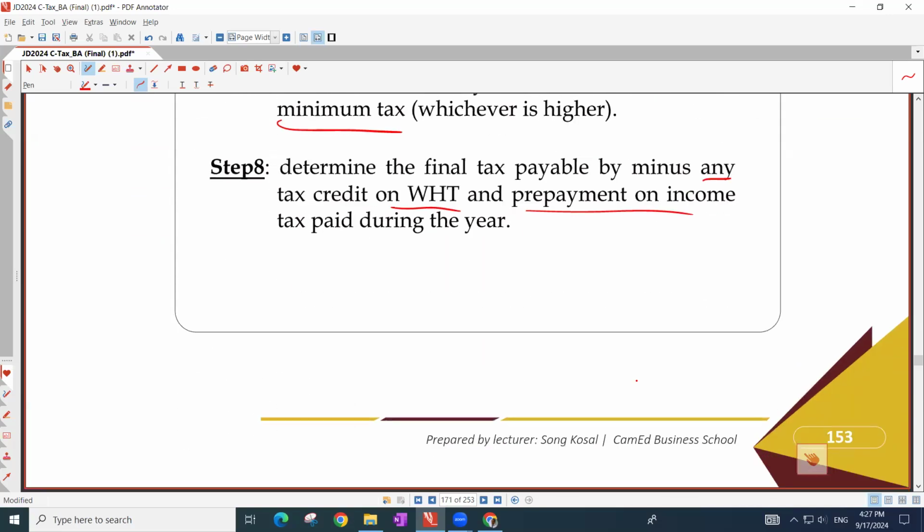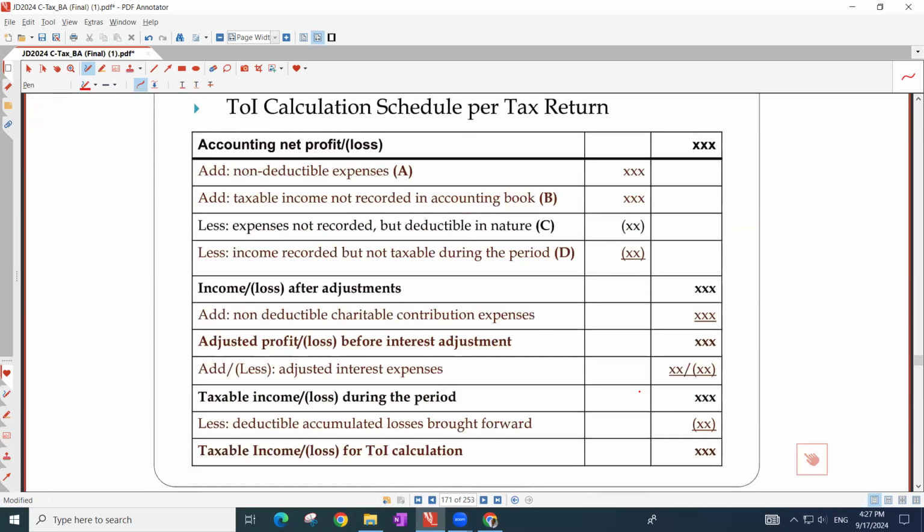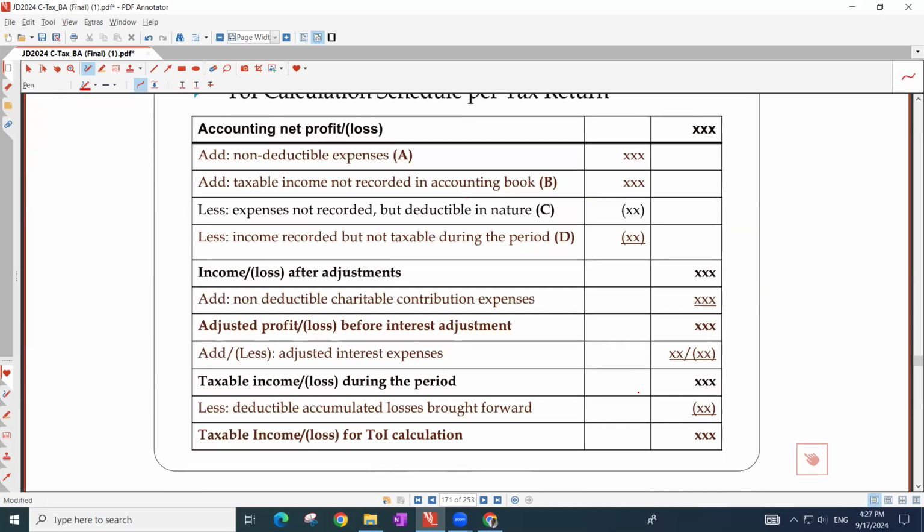Of course, to calculate, we have this spreadsheet. You need to follow. So we start with, we call it accounting net profit or loss before tax. This should be before tax, it means before TOI.